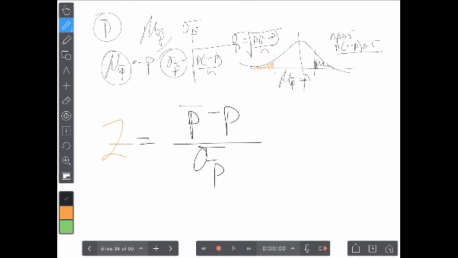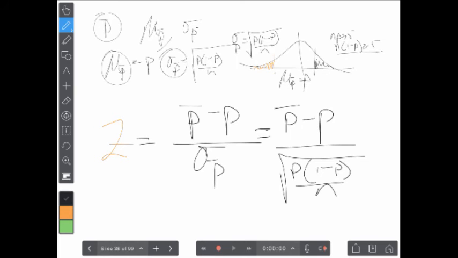We could expand that to show Z equals P bar minus P over the square root of P times 1 minus P divided by N. And that's our Z value, all right? We could use that to find probabilities. So that is finding probabilities with the sampling distributions.